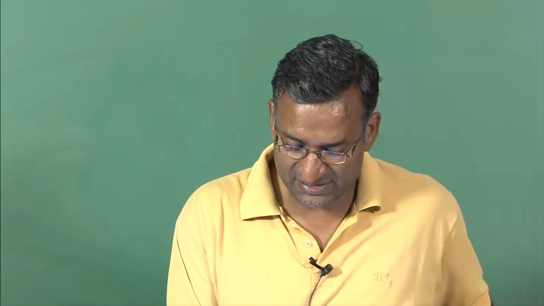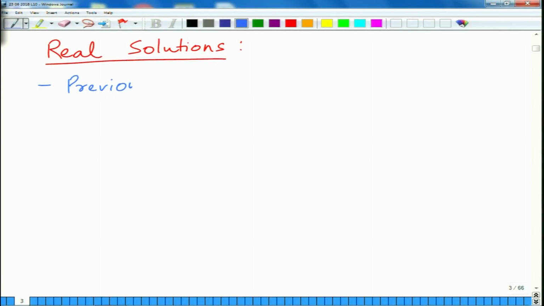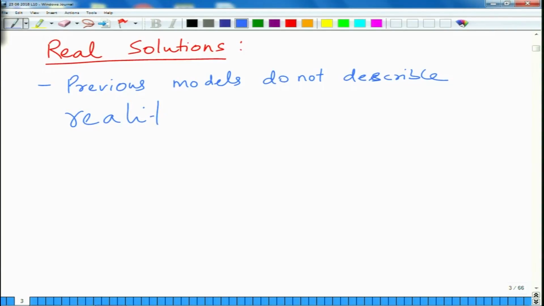So, previous models do not describe reality, and this is because we have assumed that A and B do not have size differences, but if you have two elements, they are going to have size differences.